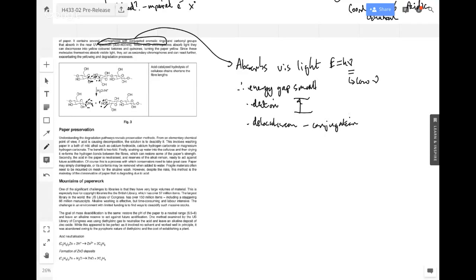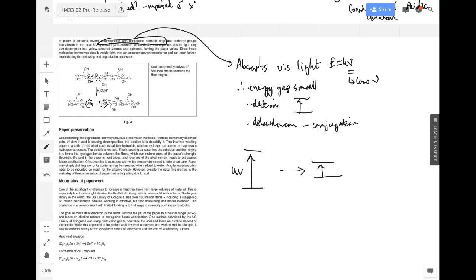So it says it contains several chromophores with conjugated aromatic rings and carbonyl groups that absorb in the near UV spectrum. When these chromophores absorb light, they can decompose into yellow-colored ketones and quinones, turning the paper yellow. So we're going from a situation where we're absorbing UV, 300 to 400 nanometers, to something where the energy levels are much closer together.